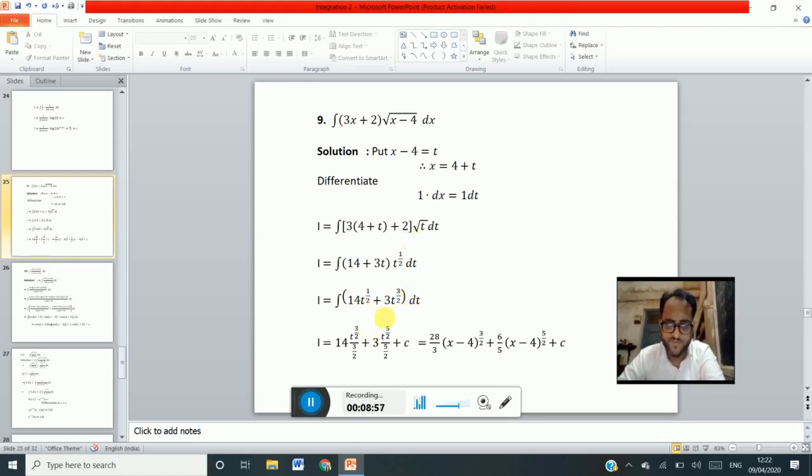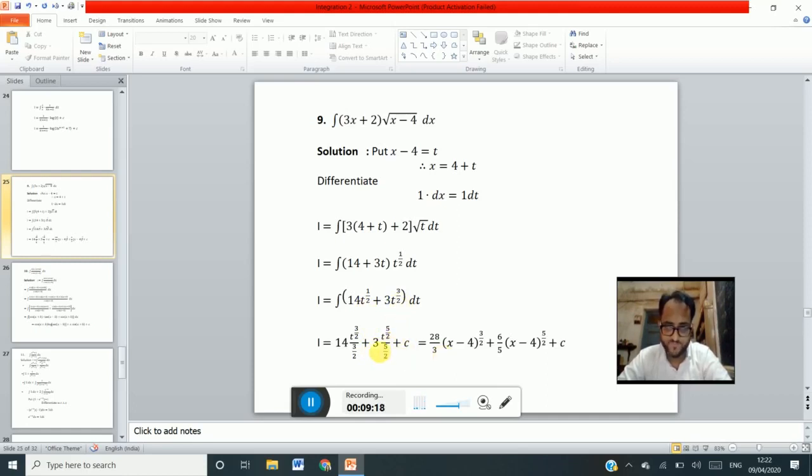Then separate the integral, or write the answer directly. 14 is the constant, and the integration of t to the power 1 by 2, according to the formula for the integration of t to the power n, is t to the power 1 by 2 plus 1, upon 1 by 2 plus 1, and plus 3. Here also similar.